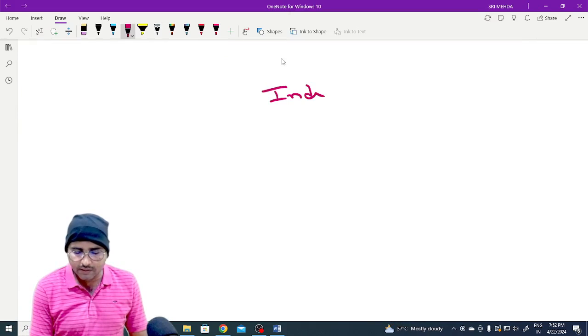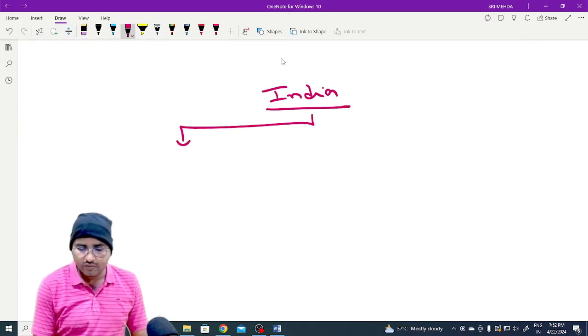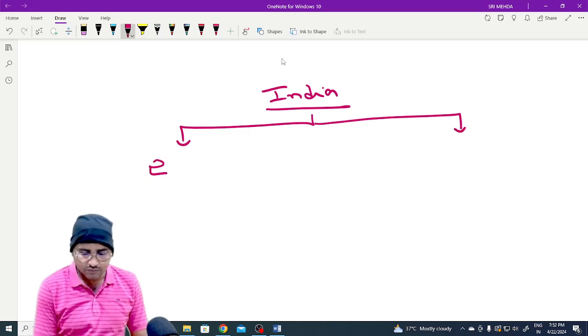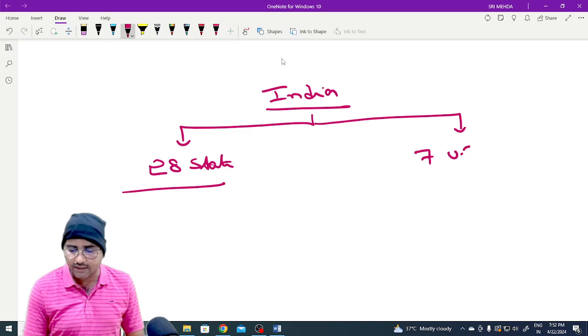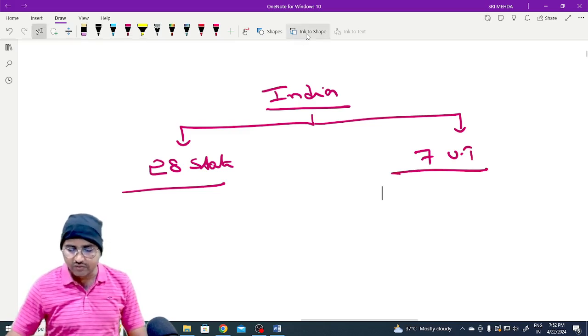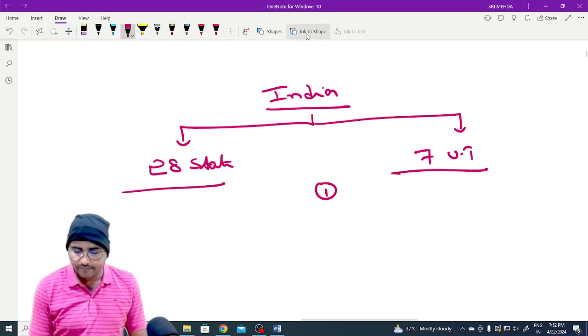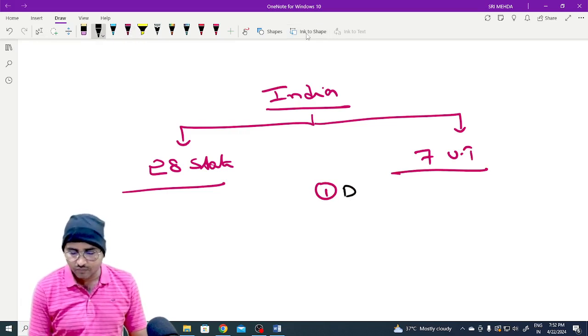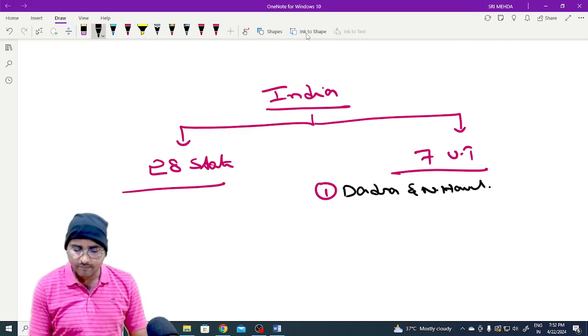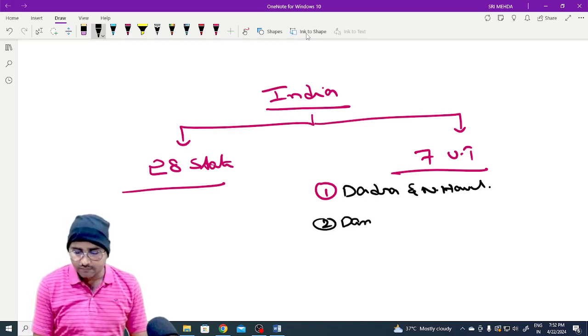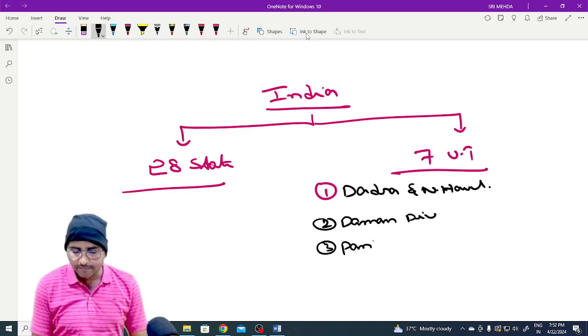Actually, in India, we have 28 states and 7 union territories. What are those union territories? Number 1, Dadra and Nagar Haveli. Second, Daman Diu. Number 3, Pondicherry.